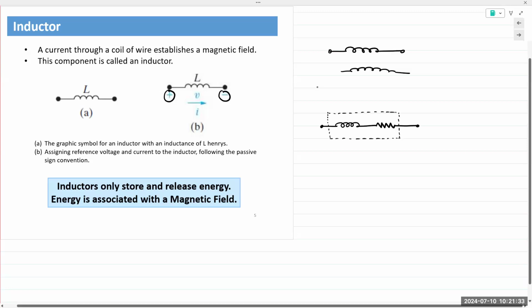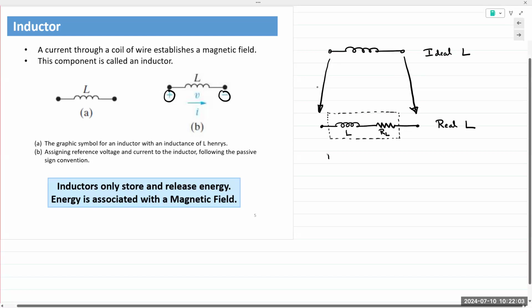Okay. So let's say this is the inductor you're looking at. Ideal inductor. This would be a real-life inductor, which has a value of L, and this resistance will have a value of RL.